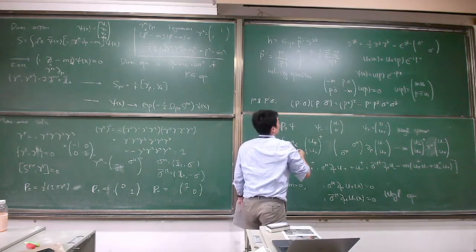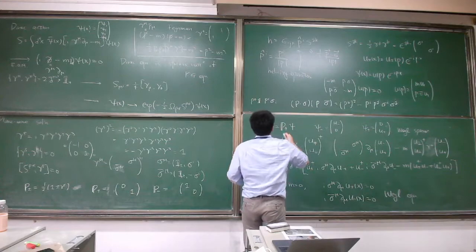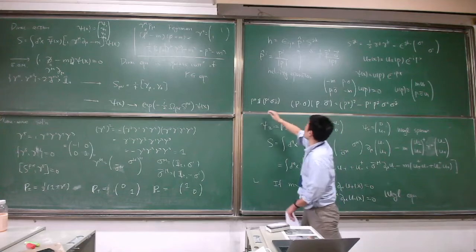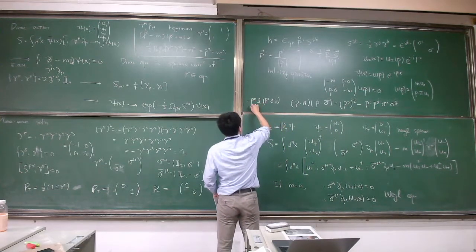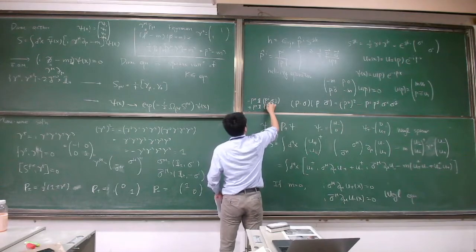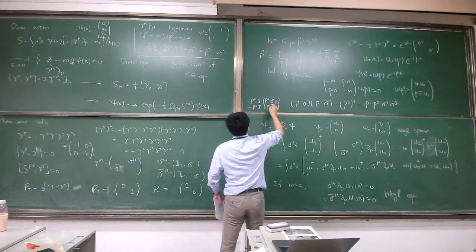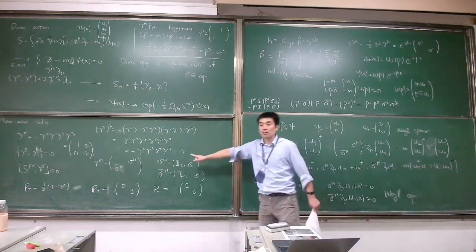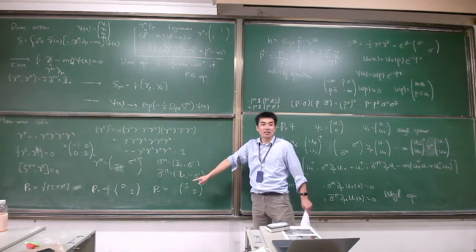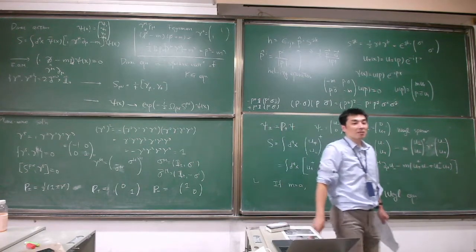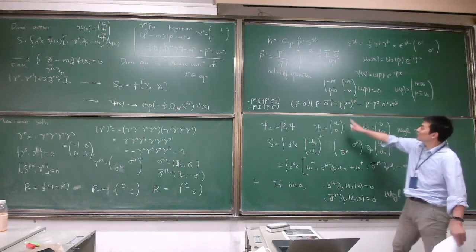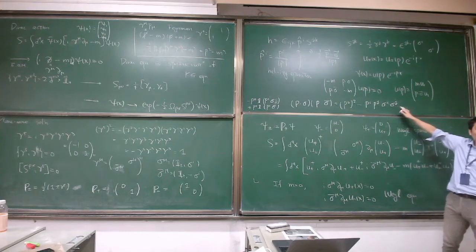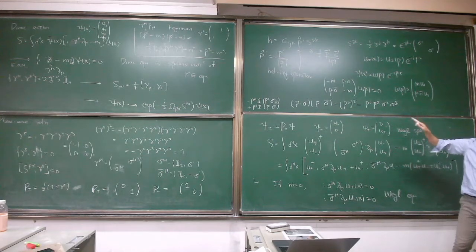That term cancels with the one with the minus sign, p0 and p_i sigma i, because of this sign difference. Do you understand what I mean? If you don't understand, just tell me. So what we need is p0 squared and then the cross term of the spatial components. Do you guys understand?